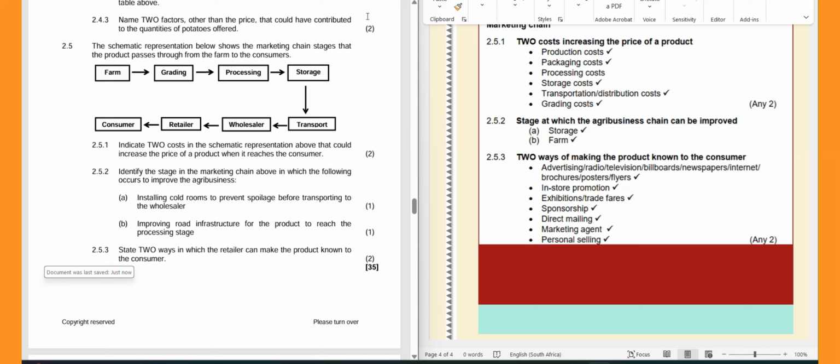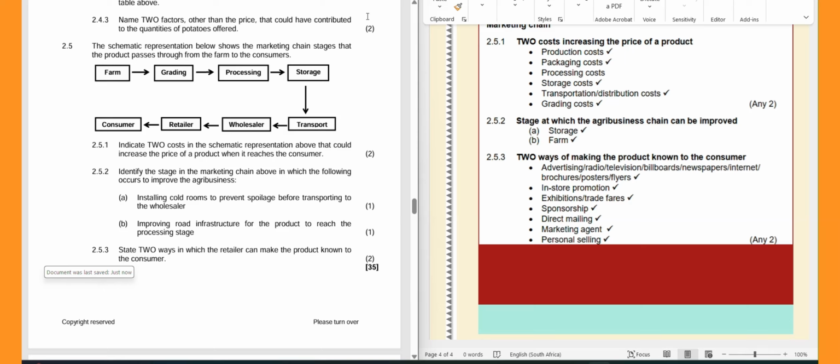How can we communicate our product offerings with the consumer, right? So that's where we'll promote our product. Okay, so we promote our product in different ways.